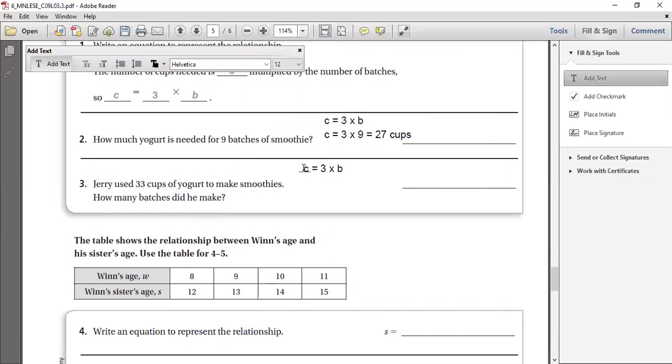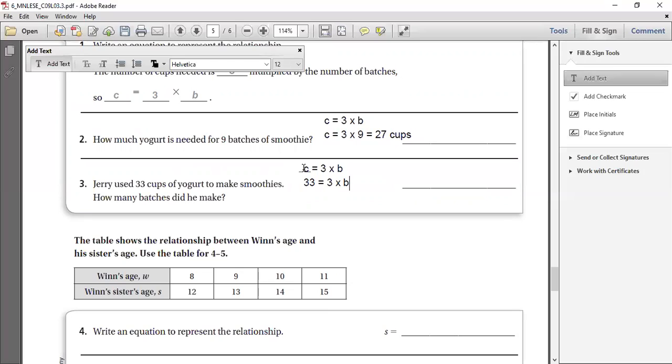Here they have already given you the number of cups. So 33 cups are already there, 33 equals 3 multiplied by B. Now we need to find out how much B is. That's what they are asking, because he made some batches, but they don't know how many, but he used 33 cups. If you have 33 cups, how many batches can you make?